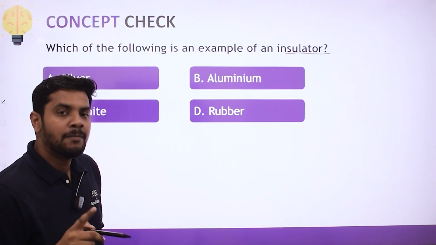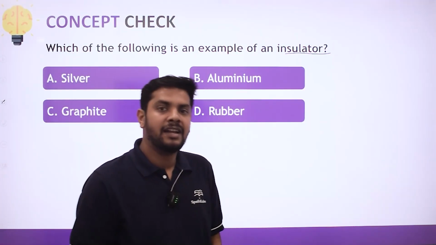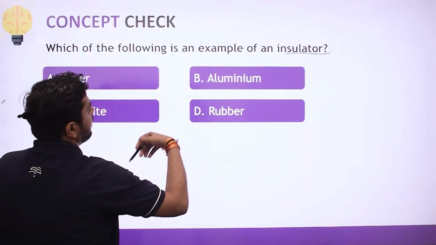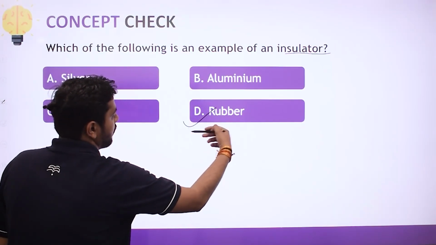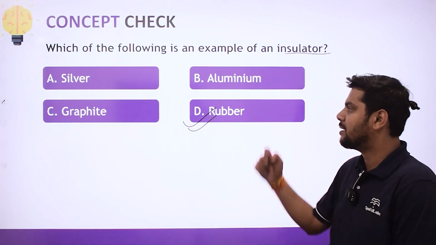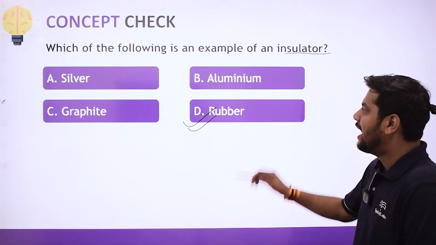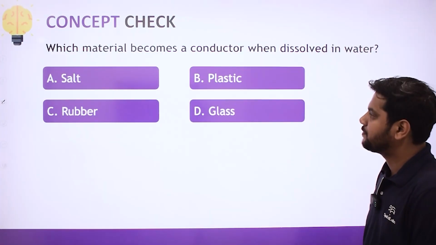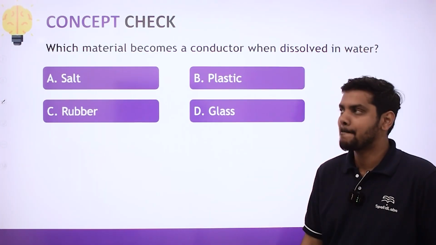An insulator. But carbon in the form of graphite is a conductor. Aluminium, again a conductor, and rubber. So our option number D will become the correct option, right? Rubber is an insulator, and all of the remaining three are conductors. That means option number D.